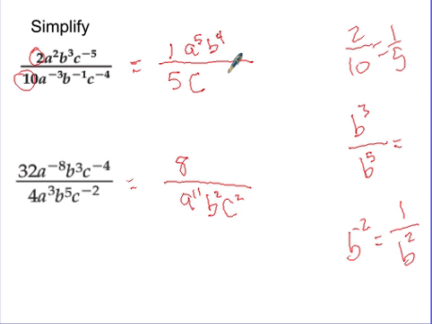All right, a to the 11th, b squared, c squared, yep. And then a to the fifth, b to the fourth, 5c. We don't need this one right here, because one as a factor is irrelevant. All right, so there we go.